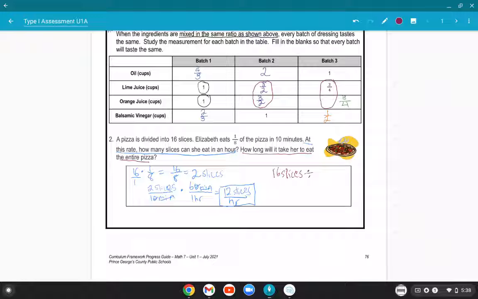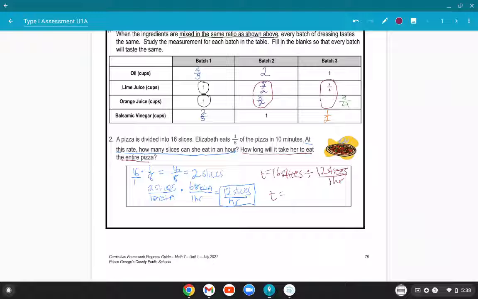Whenever we figure out the time in this type of situation, and we have time as a denominator, we divide. So what's going to happen is, since the slices are on the same part of the fraction at the numerator, I'm just going to cancel them out. So I'll be left with hours.